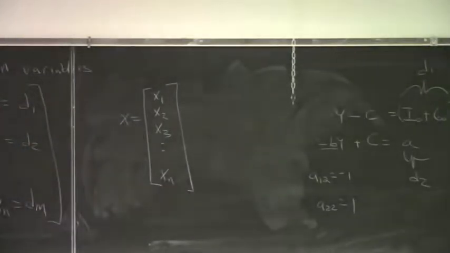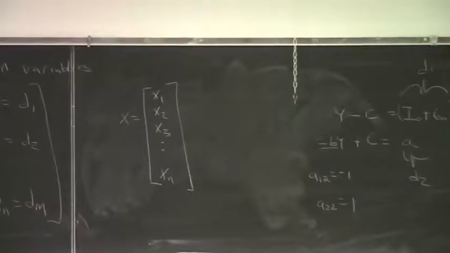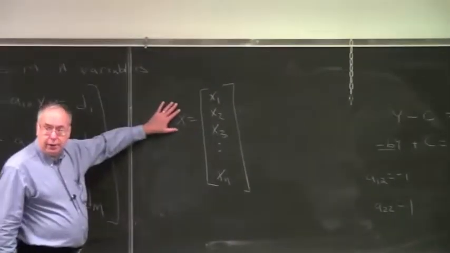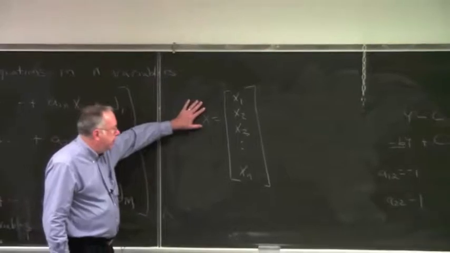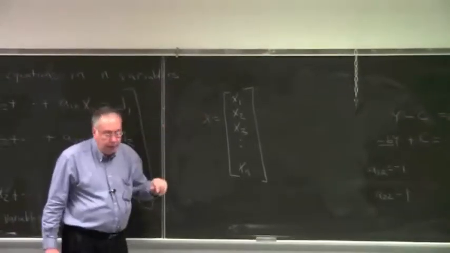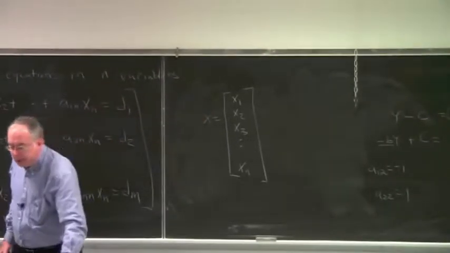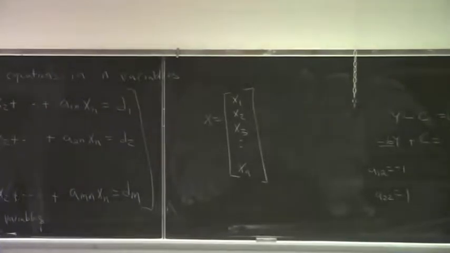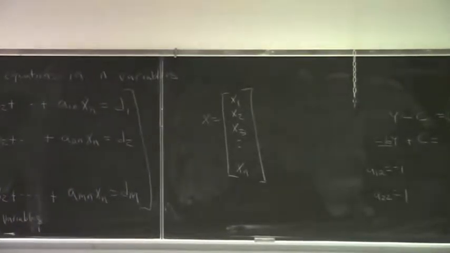When a matrix has just one column, or when a matrix has just one row, it's said to be a vector, V-E-C-T-O-R. So this is said to be a column vector. And what is the dimension of this column vector? Turn it around.